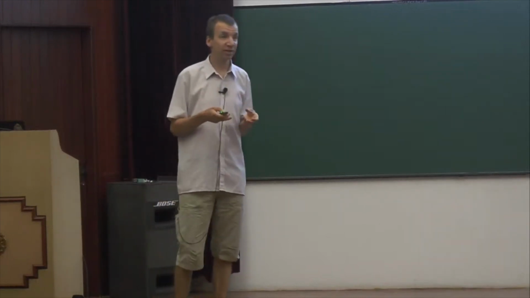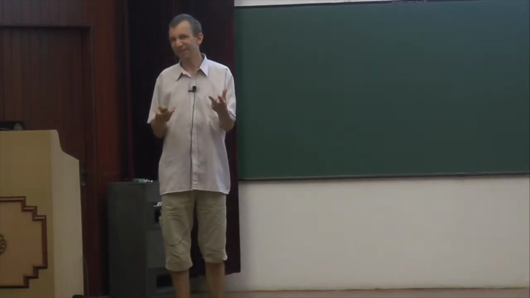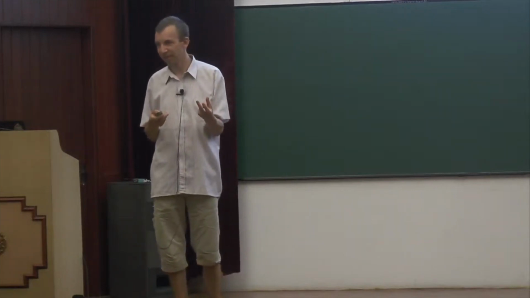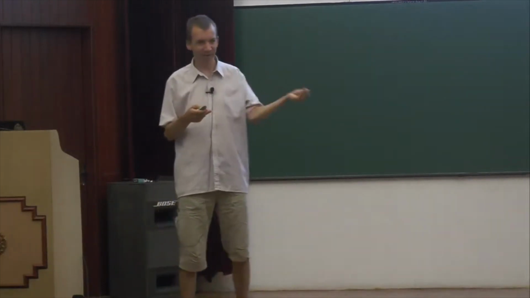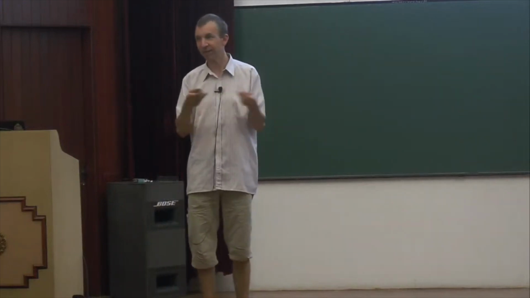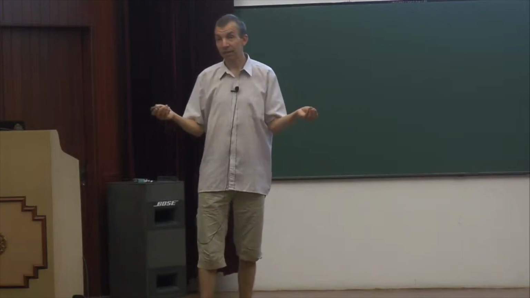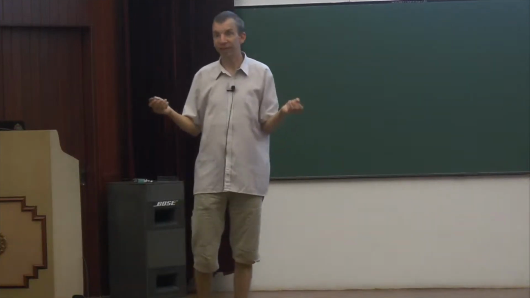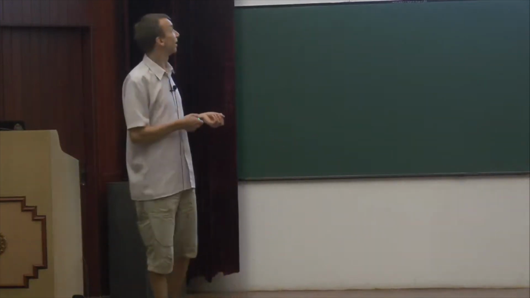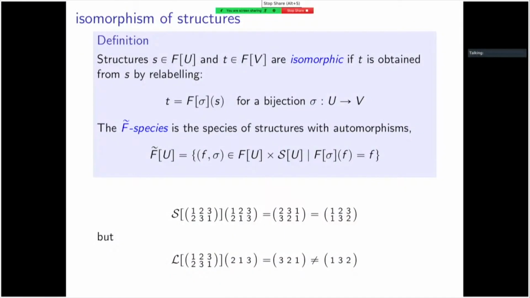Some permutations are very similar, they have the same cycle type. So if I have one permutation and another permutation that have the same cycle type, I can obtain one from the other by relabeling, or conjugation if you prefer. And so S tilde, so to say, encodes the cycle types for you, but as a species. Okay.